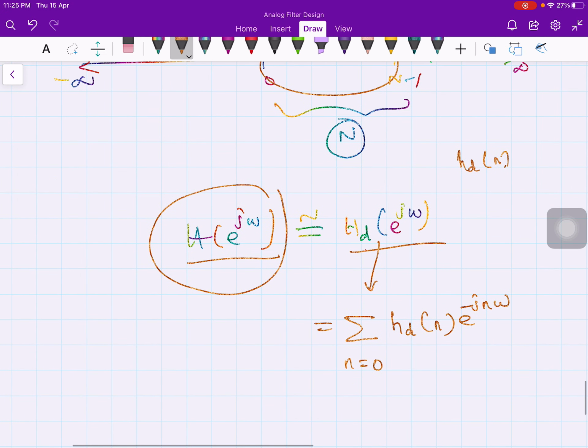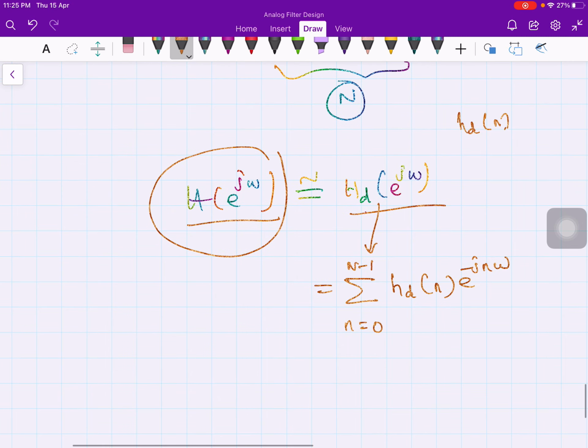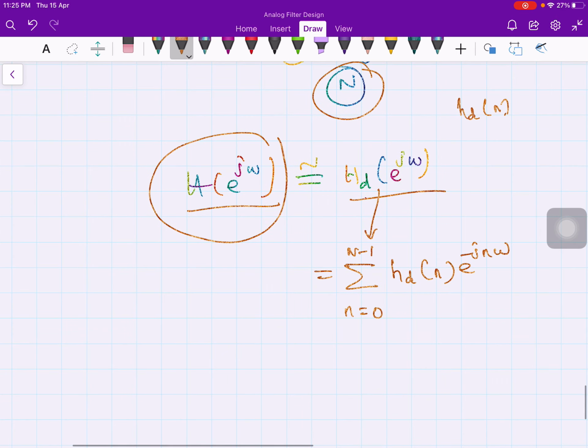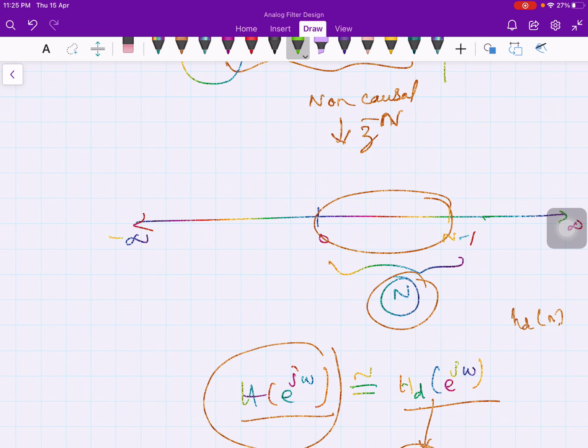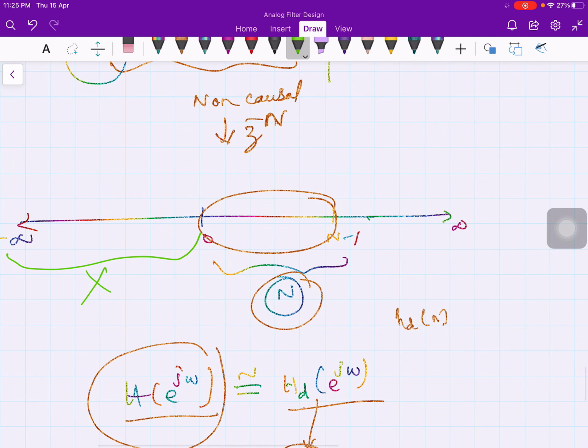So the length is capital N, and we have thrown out all others. Minus infinity to 0 is thrown out, discarded, and similarly N minus 1 to infinity is also thrown out.